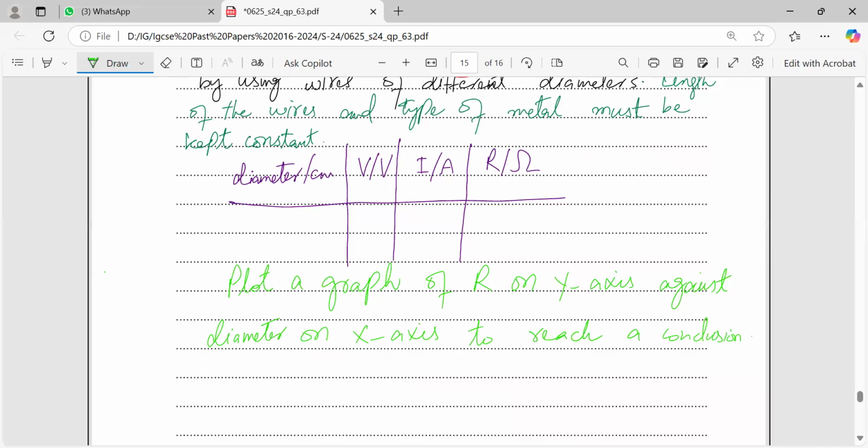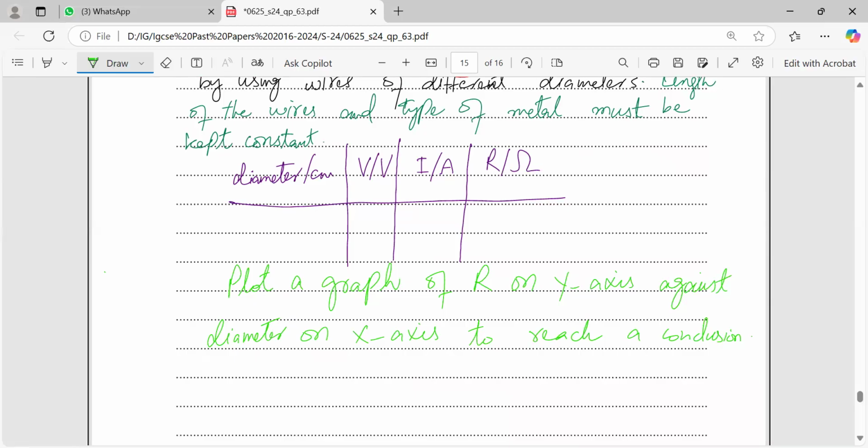I'm writing in short words. Even you can stretch it: draw or plot a graph of R on the y-axis against diameter on the x-axis, then study the graph or compare the results to reach a conclusion. But this is making sense and it is enough.